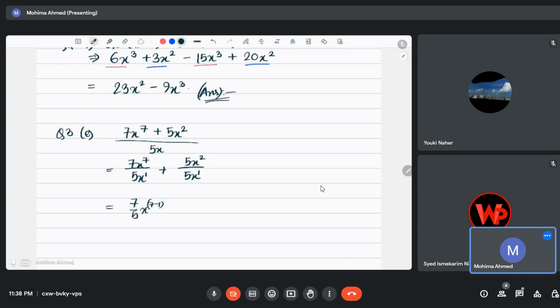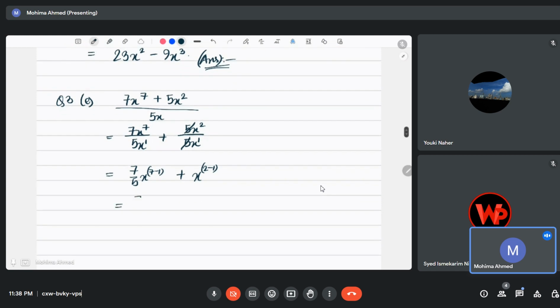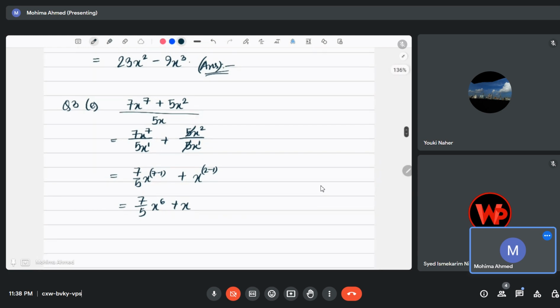The powers get subtracted because they are divided. And on the other hand, 5 can be cancelled by 5. And the power would be 2 minus 1. It will be x with the power of 2 minus 1. So you can finally write this down as 7 over 5 x power 6 plus x. Any problem for question 3E?